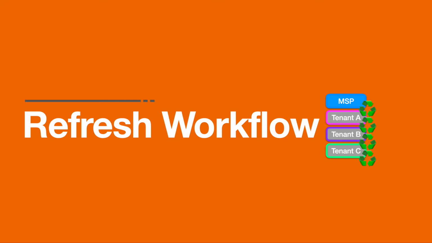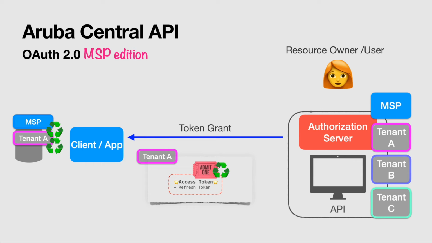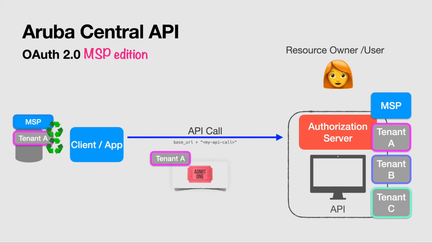Then in the MSP setup, we send the tenant A specific information and refresh token. So it's the tenant client ID, the tenant client secret, we receive back a token grant, which is an access token, a refresh token for the tenant. I'm sure you're spotting the pattern by now. And then we use that tenant-specific access token to make our API calls.